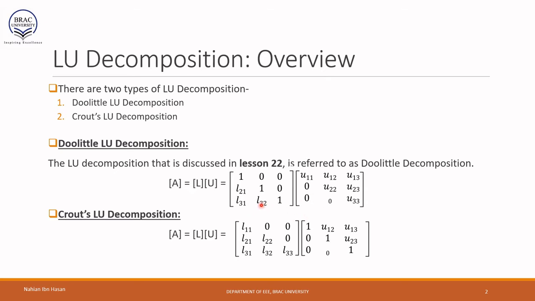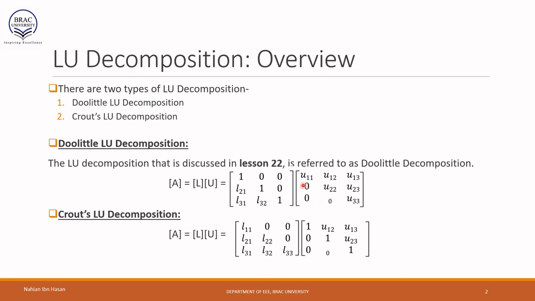And there were certain properties of those two matrices. In the lower triangular matrix, the principal diagonal elements were 1 and the elements above the principal diagonal were 0. So this was the specific type of lower triangular matrix that we determined in the last lesson.